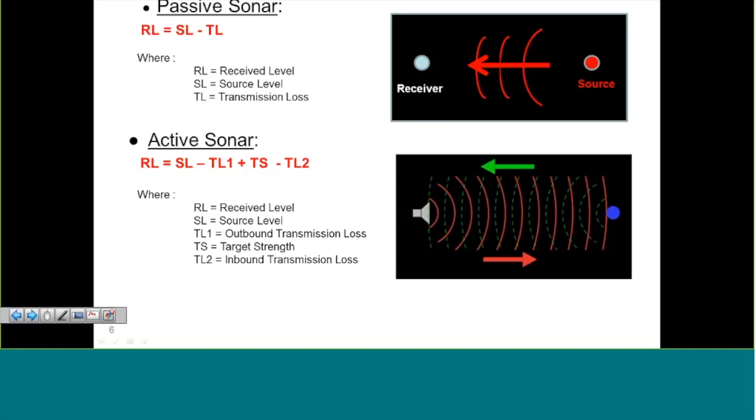And in this case, you have two sets of transmission loss. A lot of what I'm going to talk about for a few minutes here is going to be that term, the transmission loss term, the TL term. And that's one of the main ways the environment is affected by what sounds we put into the water.